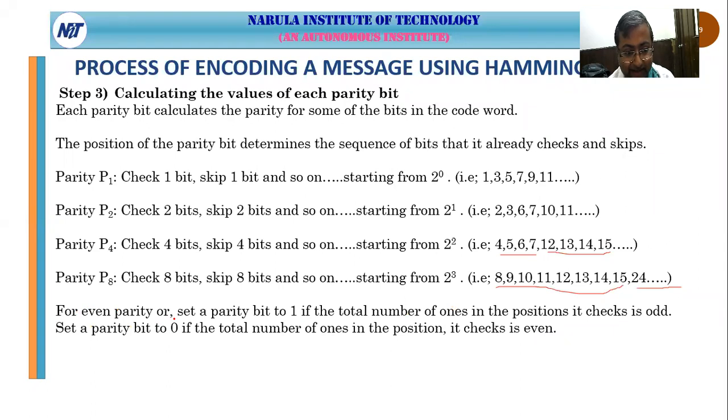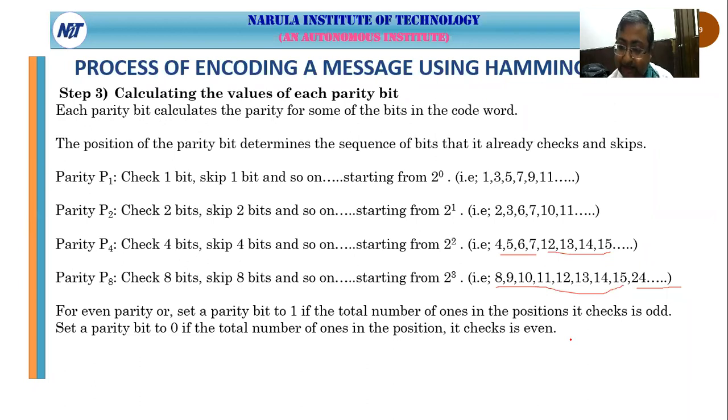Now for even parity, set the parity bit to 1 if the total number of ones in the positions it checks is odd. So if the total number is odd, then put 1 as the parity for even parity, and set the parity bit to 0 if the total number of ones is even. If the total number is even, then P should be 0.